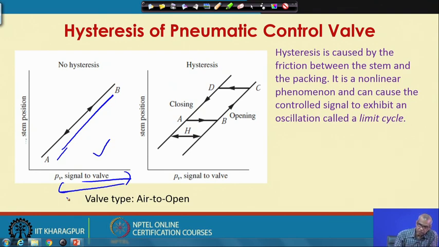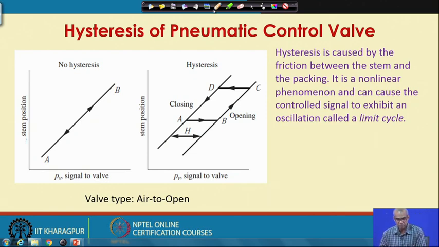So, stem position increases as we increase the signal pressure, stem position decreases as we decrease the signal pressure, and it follows the same path when it increases and when it decreases. So, there is coincidence of both the paths.